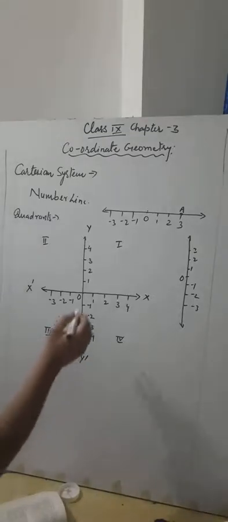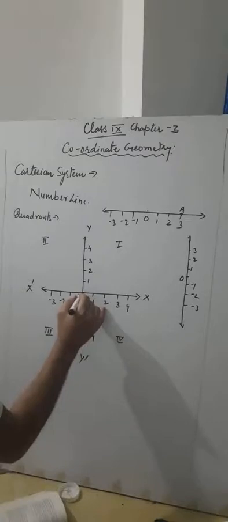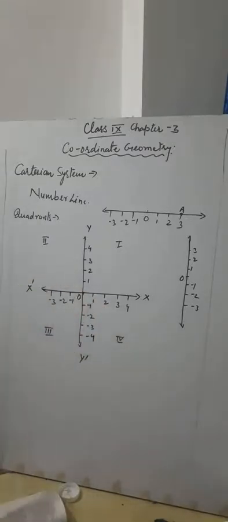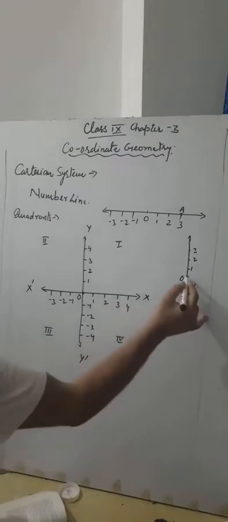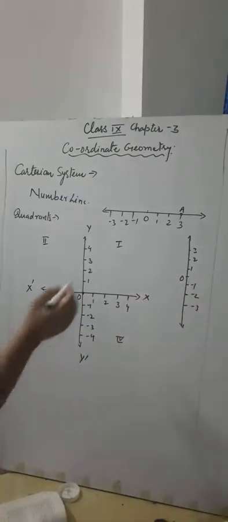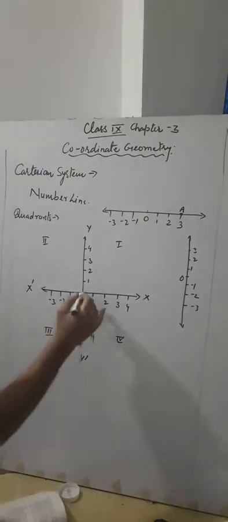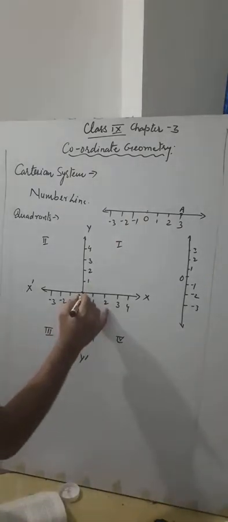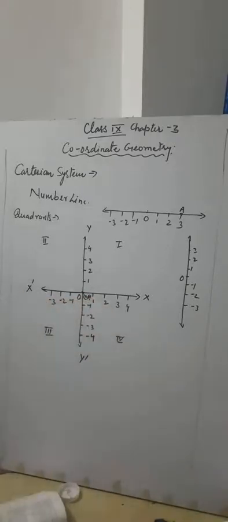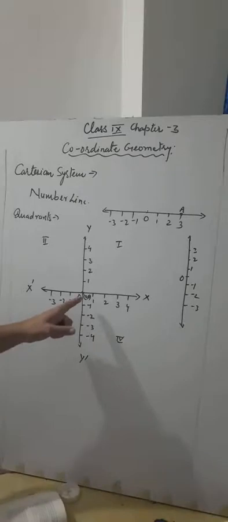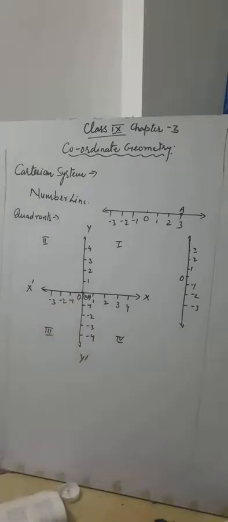Because they intersect at 0, means at this point there are two zeros, one zero of this vertical line and the other zero of this horizontal line. So this is called origin and the point is denoted as O, and the coordinates of this origin are 0, 0.